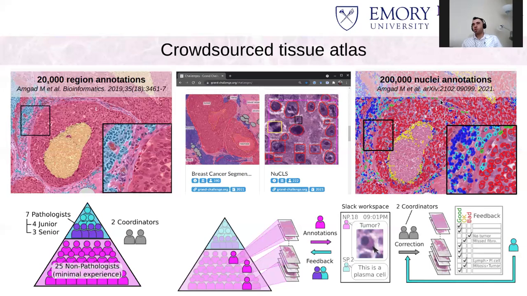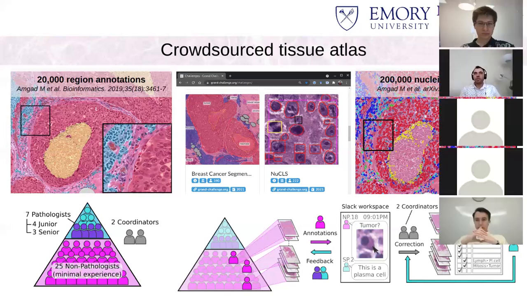So we produced 2 studies in which we used crowdsourcing. So we used non-experts. We used the power of the crowd, non-experts, to produce data that would otherwise need a well-trained pathologist that needs years of training to produce.